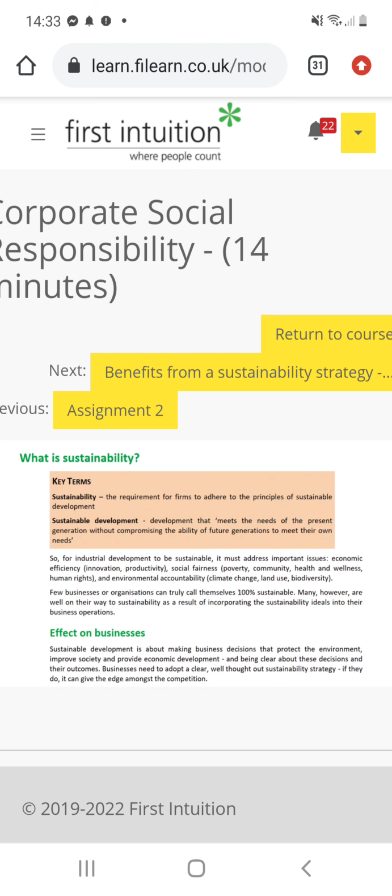So, let's look in more detail about what sustainability is. And we can look at it from three perspectives. We have the economic perspective, the social perspective, and the environmental perspective.